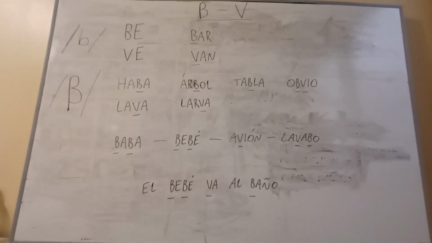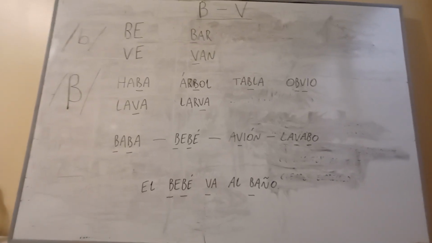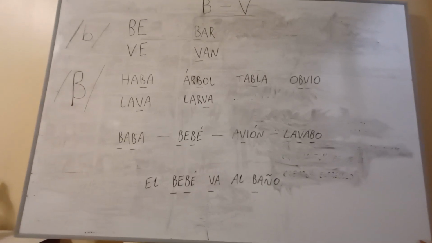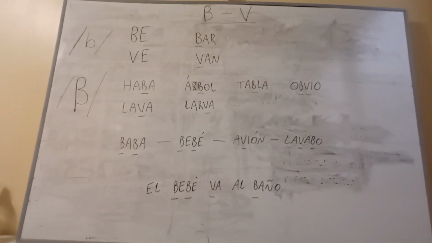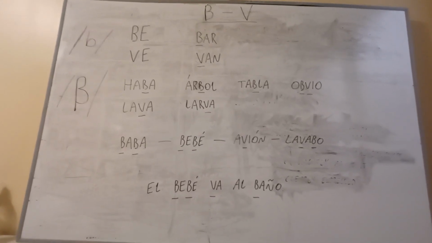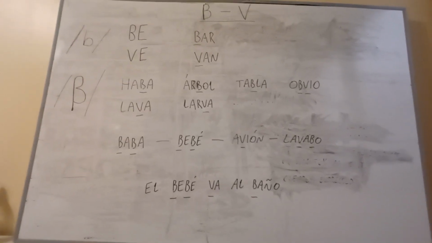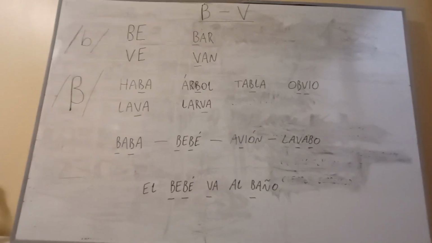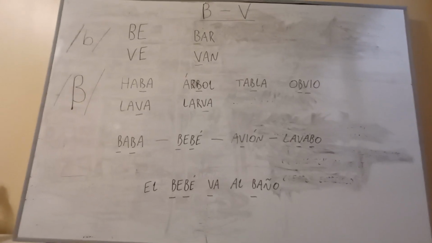For example, in the first one, baba. So there you see that we have an initial B. So we have a B at the beginning of the word, and we have another B which is in the middle of the word and between two vowels.